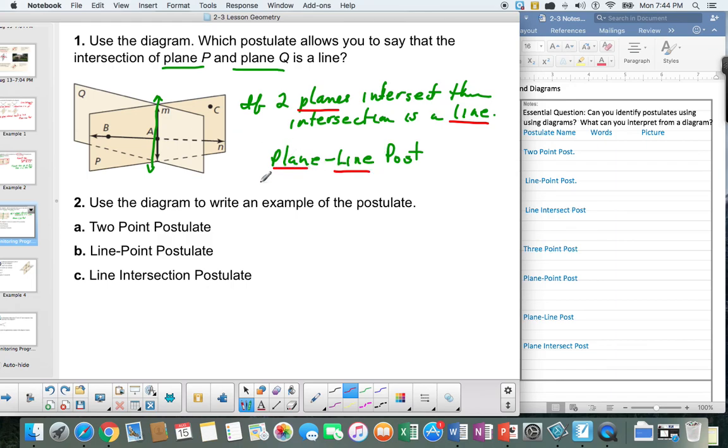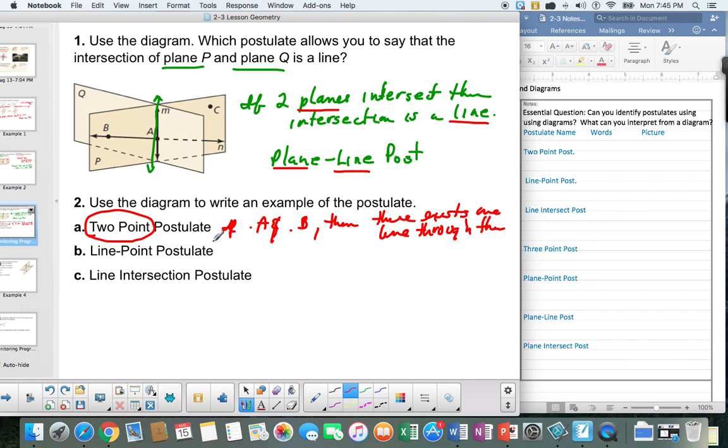Use the diagram to write an example of the postulate. This is the two-point postulate. Start with two points: if you have point A and point B, then there exists one line through them.